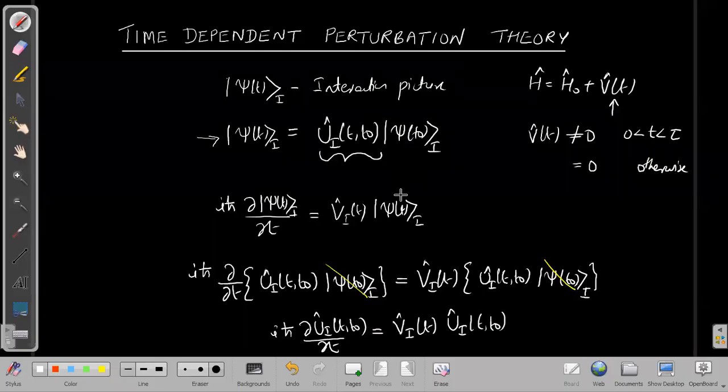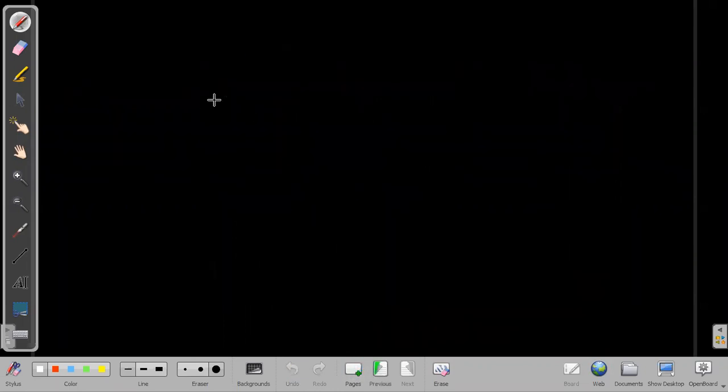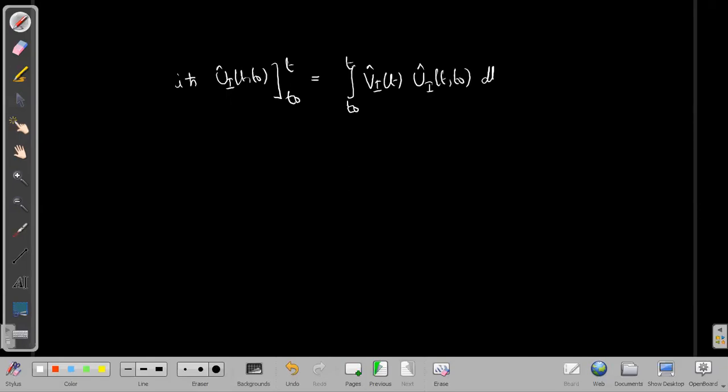Now we can make a small rearrangement and integrate this equation. It becomes i h-bar times U_I with limits t0 to t on the left side, and on the right side the integral from t0 to t of V_I(t) U_I(t, t0) dt.